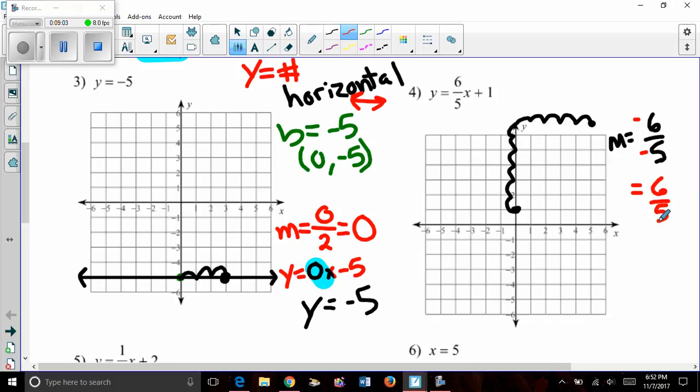So we could instead use this fraction and graph the points at -6 and then -5. 1, 2, 3, 4, 5. Giving me a point right here.